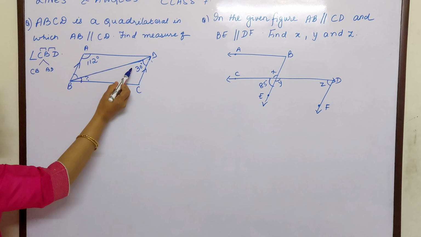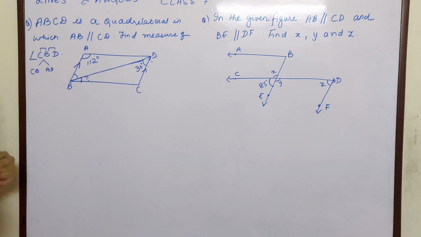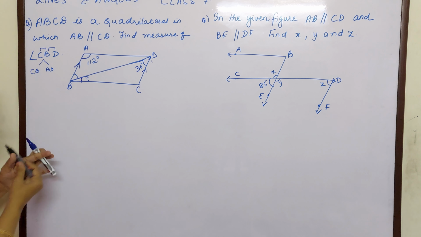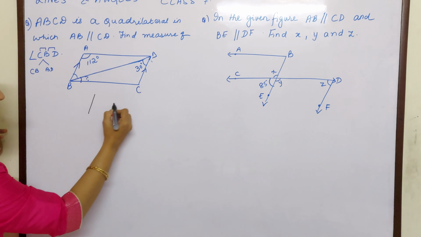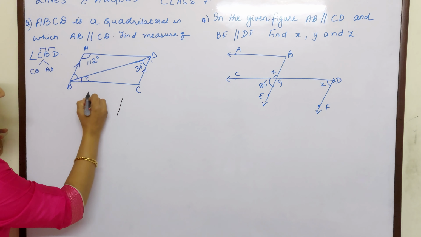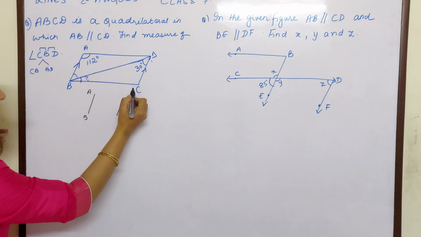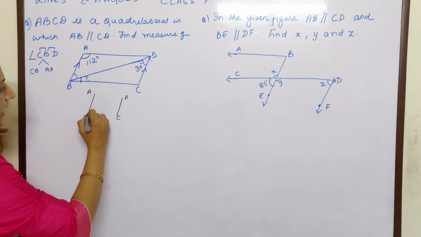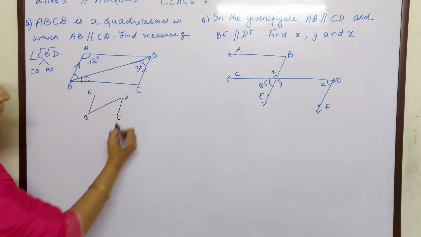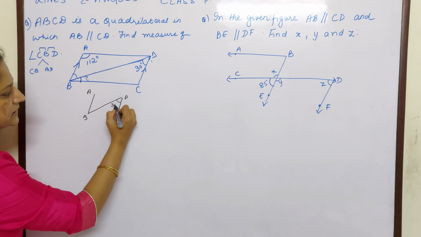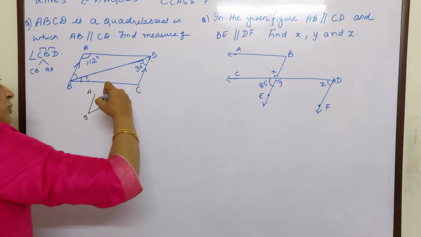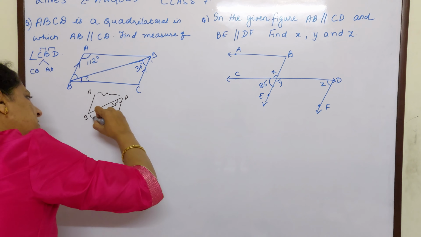So if this is 30, what will be this, children? I'll show you. If this is AB, right? And this is CD. And BD is the transversal. And they have told that this is 30 degrees. So don't you think these are interior angles, children?